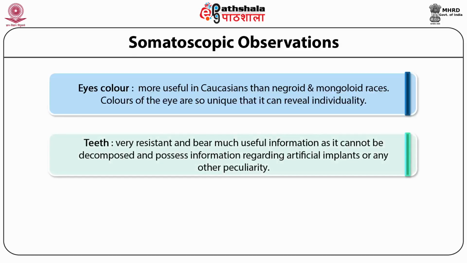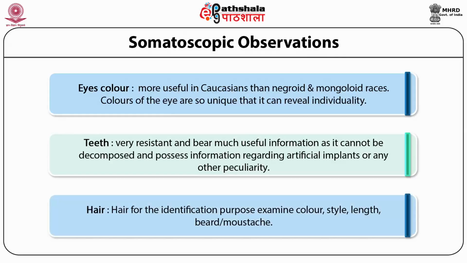Teeth are very resistant and bear much useful information, as they cannot be decomposed and possess information regarding artificial implants or any other peculiarity. Here, for the identification purpose, examine color, style, length, beard, and mustache.